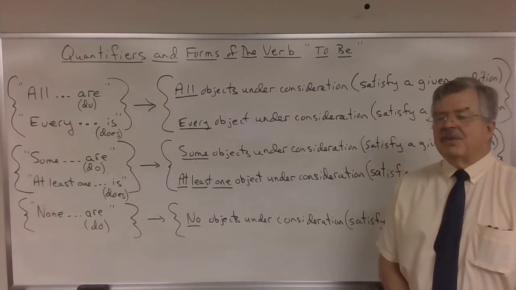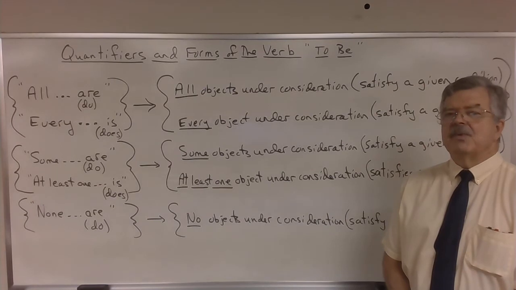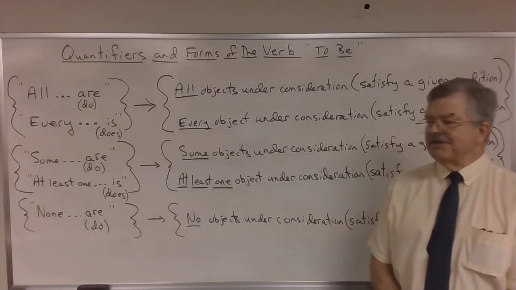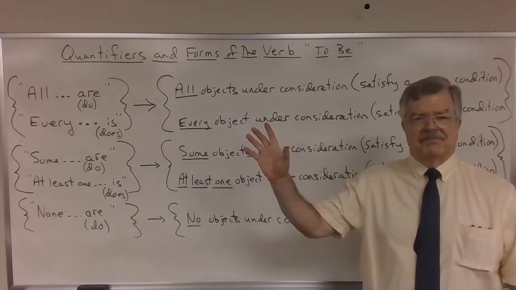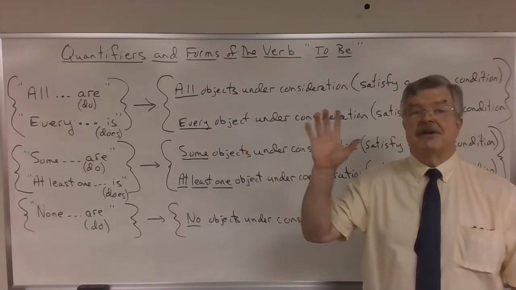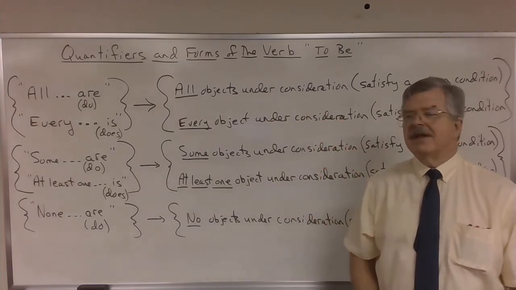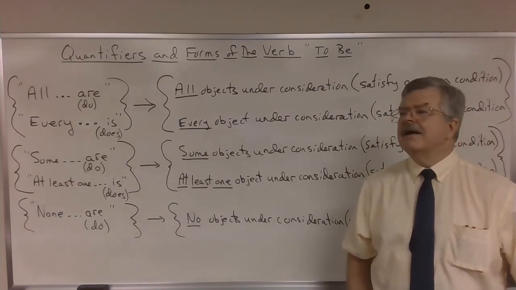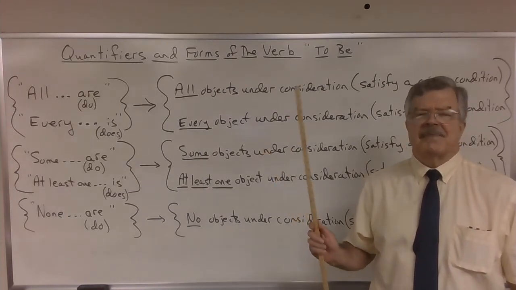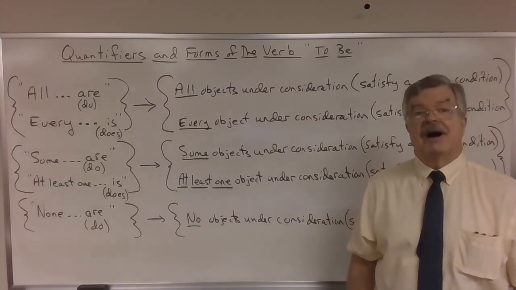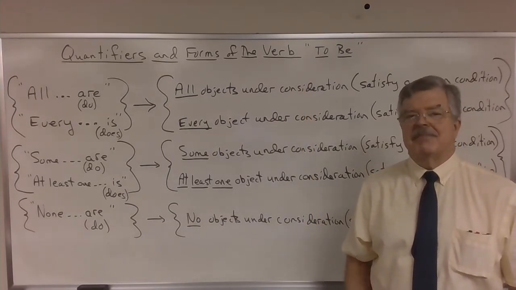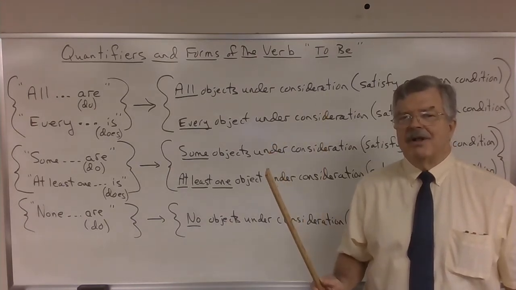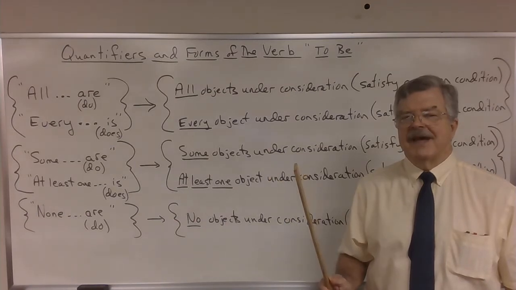Typically, when we use quantifiers in connection with the verb to be, for example, when we talk about all, we typically make some claim involving all. For example, all astronauts are pilots. Now, that may or may not be true, but when we use the quantifier all, what comes right after that?